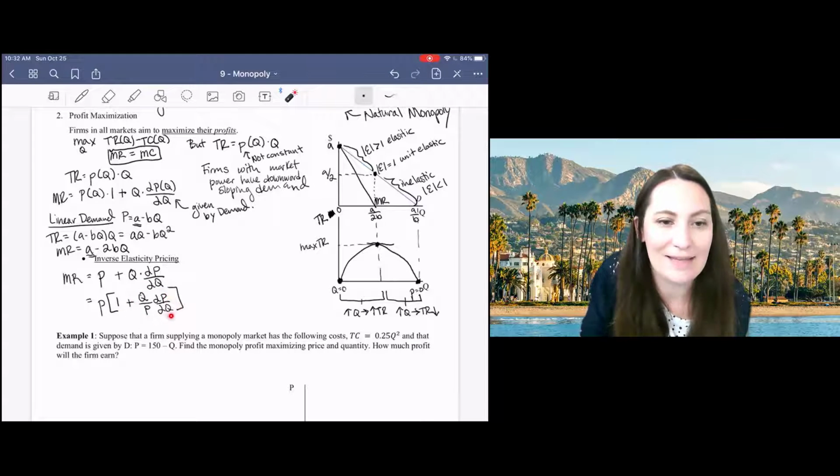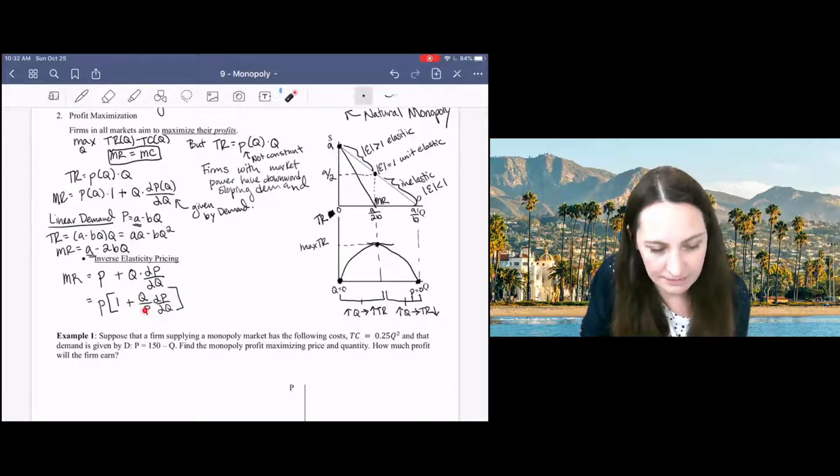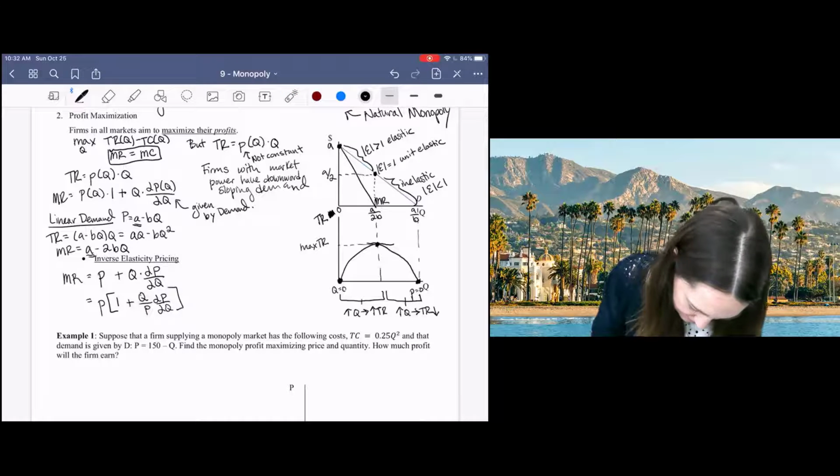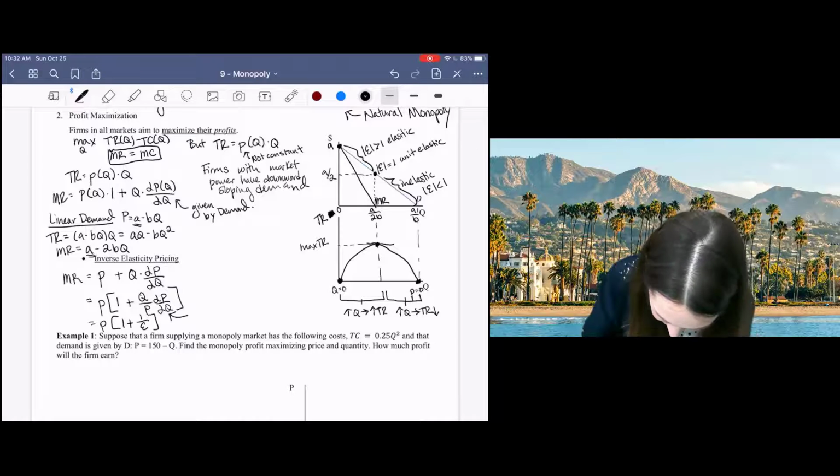Elasticity was P over Q times dQ/dP. This is the inverse of that. It's 1 over elasticity. So marginal revenue is price times 1 plus 1 over the price elasticity of demand.